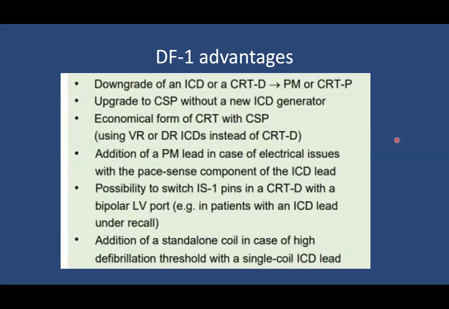So you'd use an additional IS1 lead and ignore the IS1 port on the shocking lead. Also, you can switch IS1 pins in a CRTD with a bipolar left ventricular port, for instance, if there's an ICD lead under recoil.